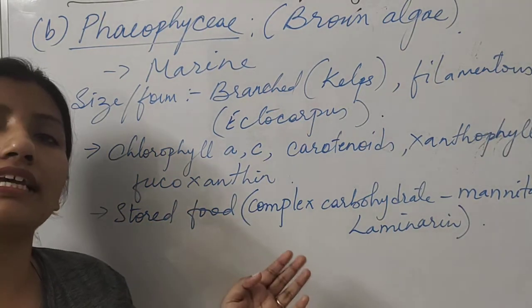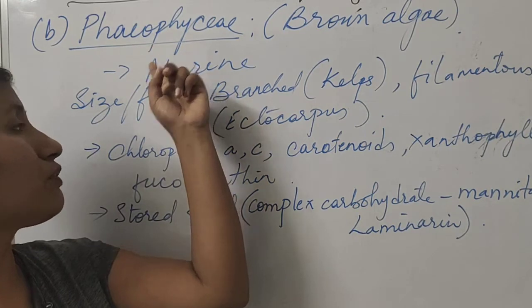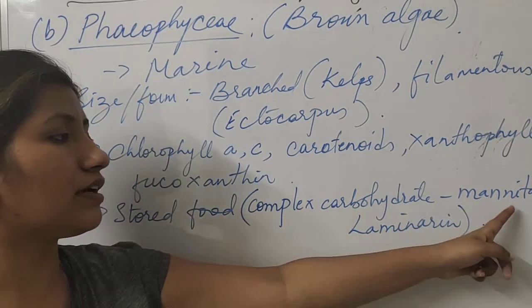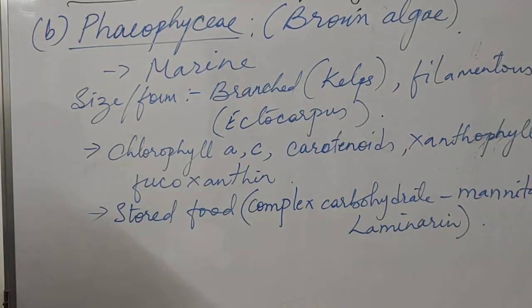Like how Chlorophyceae has pyrenoids as stored food, Phaeophyceae also has stored food in the form of mannitol and laminarin.